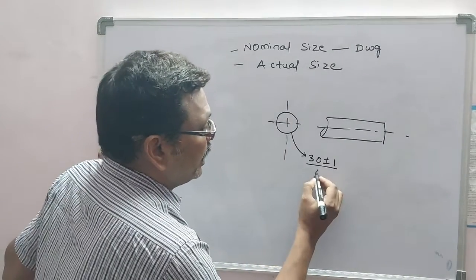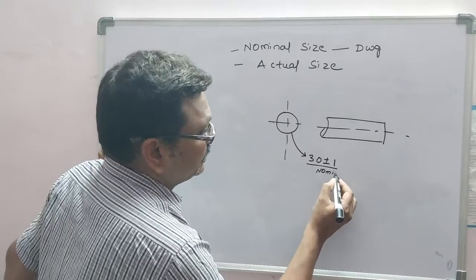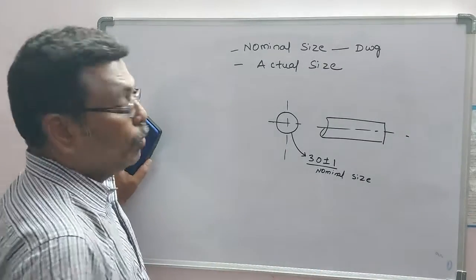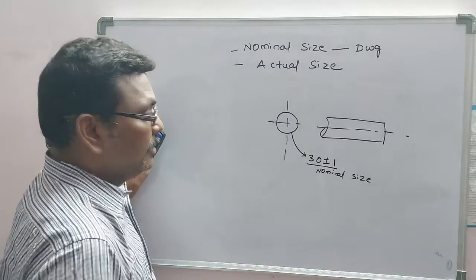This is called the nominal size. What does this indicate?